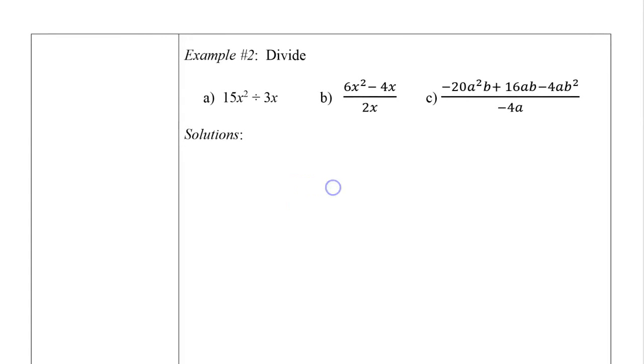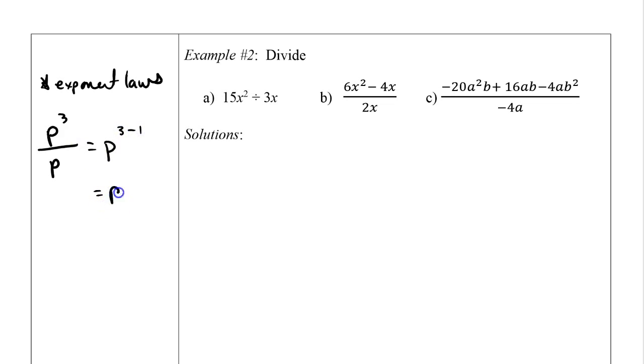Dividing works very similar. I just want to remind you of exponent laws. If I have P cubed over P, that's the same thing as P to the 3 minus 1, which is just P squared. So if I have P to the 3 divided by a P, it's just P squared.